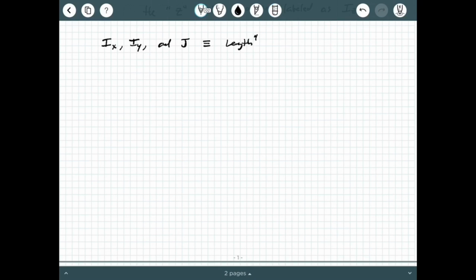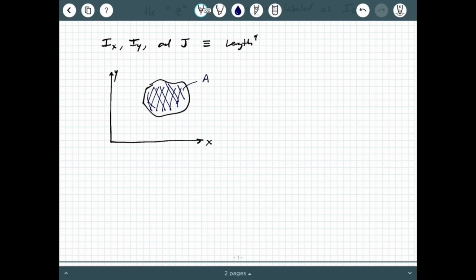So I'm going to go ahead and draw a set of XY axes. And I'm going to say I have some kind of area here, and let's call this my area A. What we're going to do is look at this little differential area.